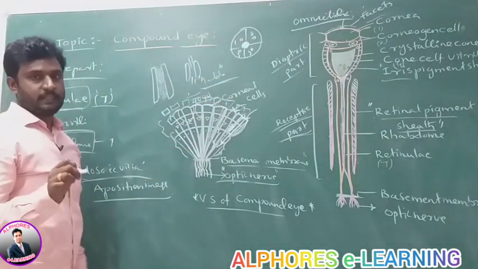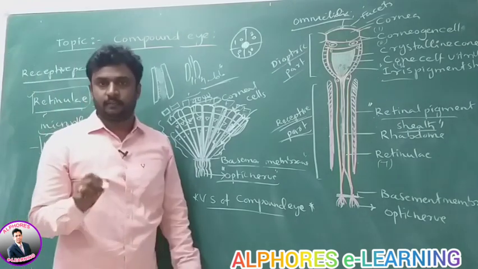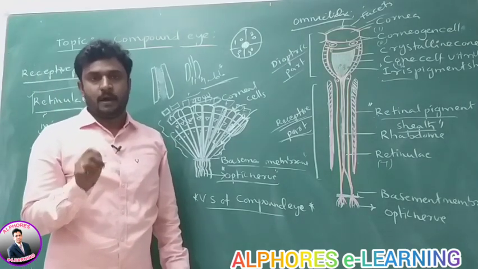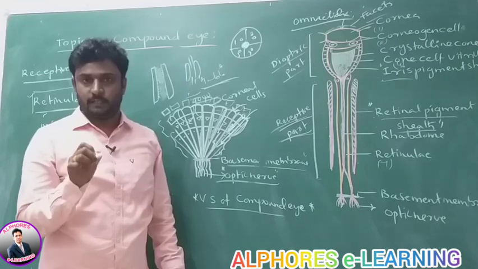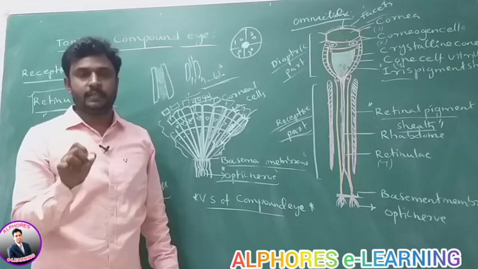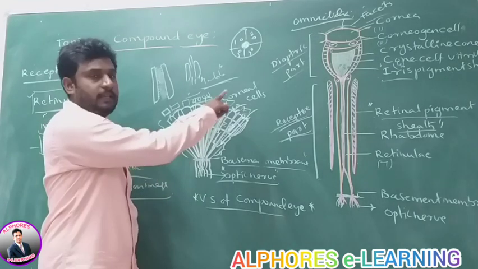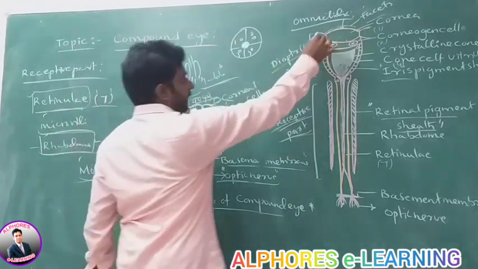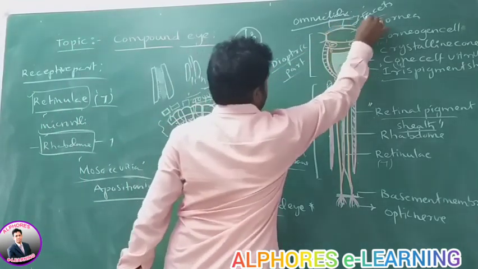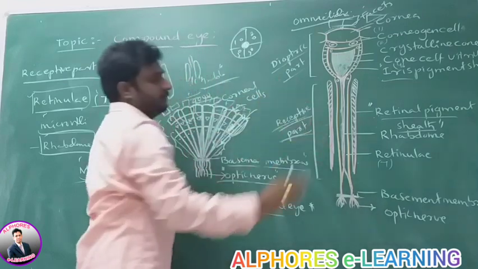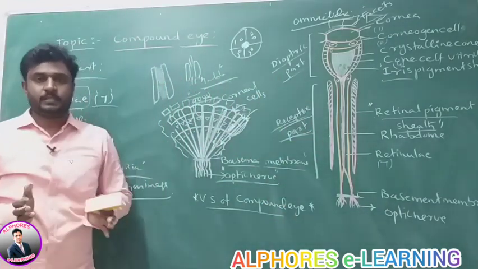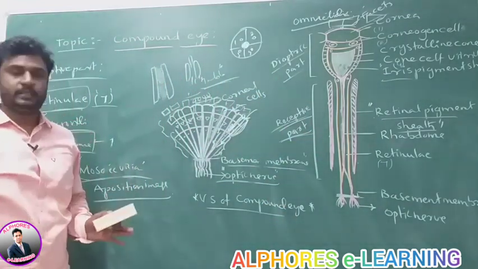Any object focused on the compound eye first divides into 2000 units, and each unit is focused on one unit of the compound eye, which is called an ommatidium. All these are fused to form one complete image.